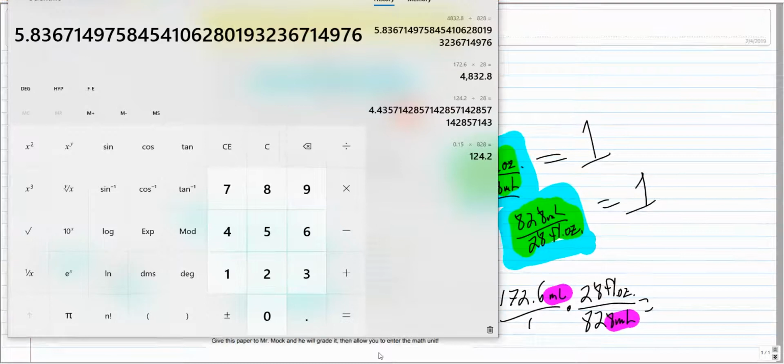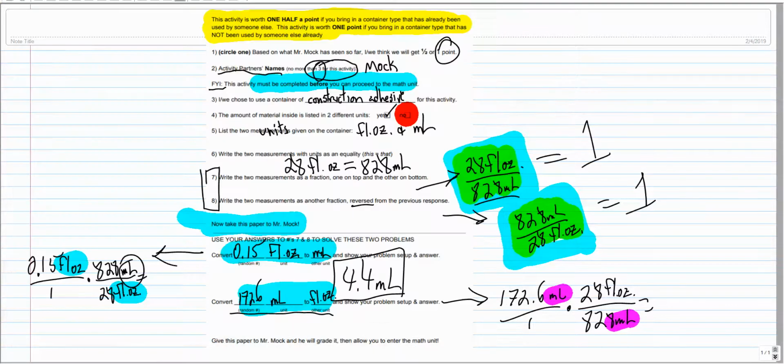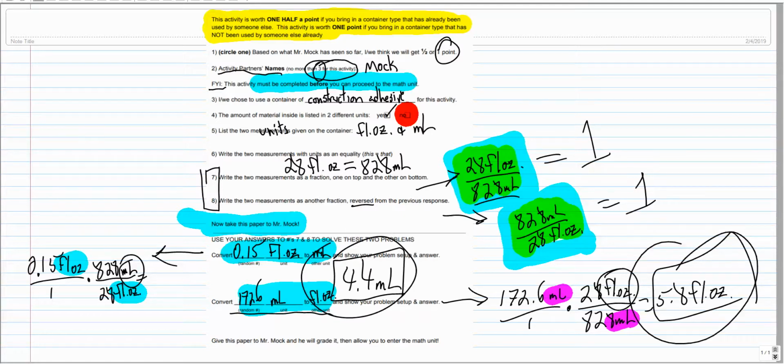Whoa, I get 5.8 something. I'm just going to call that 5.8. So 5.8 what? That's fluid ounces. So there we go. We've got our two answers boxed here. You give me this paper, and then once I grade it, you can enter the science math unit. There you go.